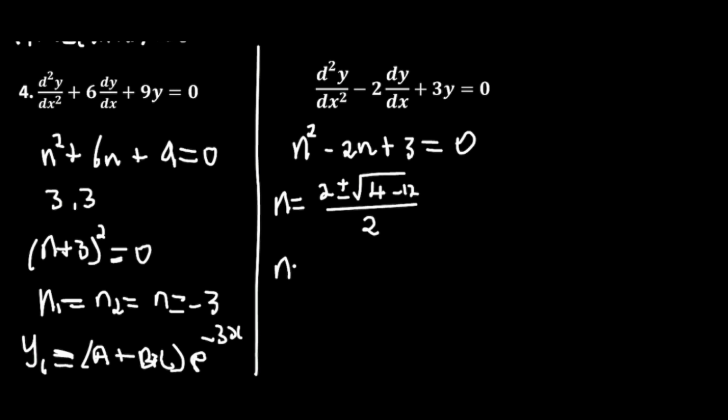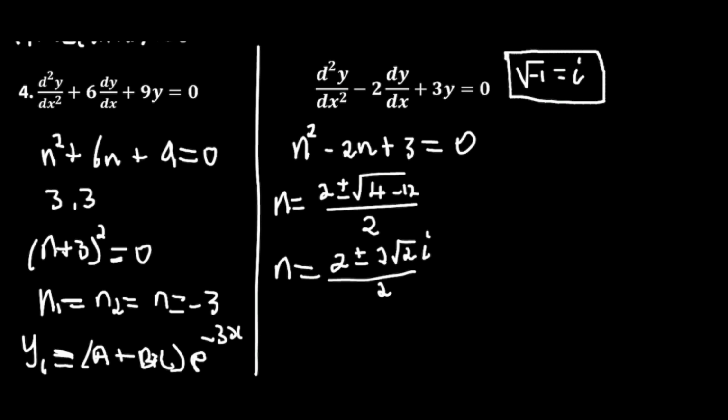So our n will simply be equal to 2 plus or minus, now 4 minus 12 will give us minus 8, and root 8 is the same as 2 root 2, so we have 2 root 2 i. Now the i, because we know that the square root of negative 1 is equal to i.